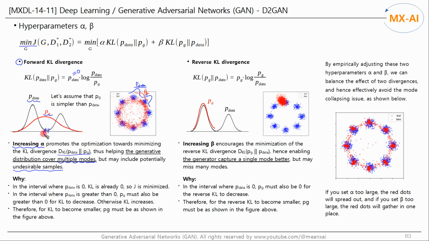We don't need to consider this case. However, in the interval where Pdata is greater than 0, PG must also be greater than 0 for KL to decrease. Otherwise, KL increases. Therefore, for KL to become smaller, PG must be as shown in the figure above. That is, as alpha increases, red dots appear in the area where Pdata becomes 0.